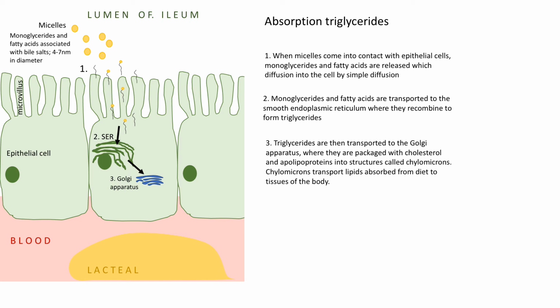Those chylomicrons then are packaged into Golgi vesicles, and then they're released. Those Golgi vesicles make their way to the cell membrane of the cell that faces the blood, and they're released by a process called exocytosis. So that's step 4.